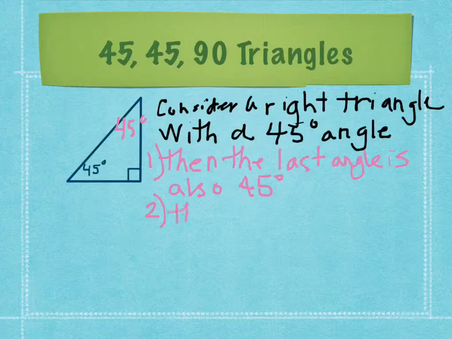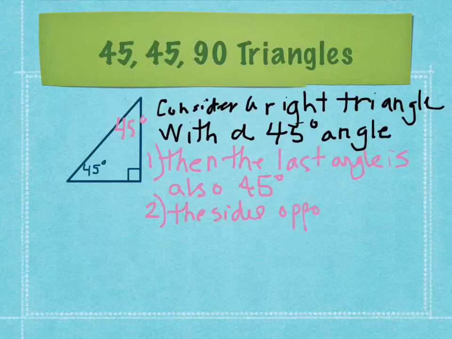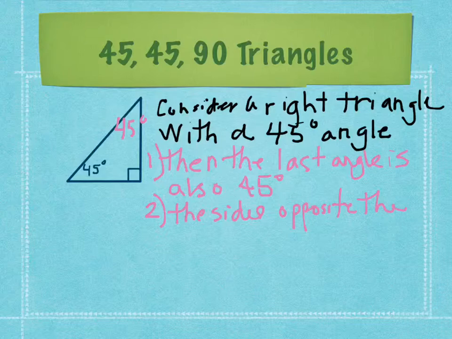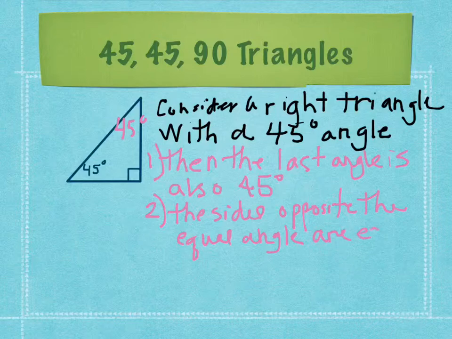So the sides opposite the equal angles, in this case 45-degree angles, but this is a principle that's true in general, are equal. And then the third thing is I can actually find the third side in relation to them. That third side is the hypotenuse in this case.